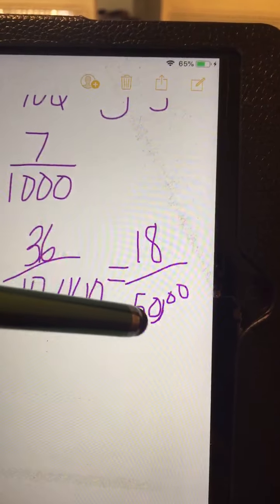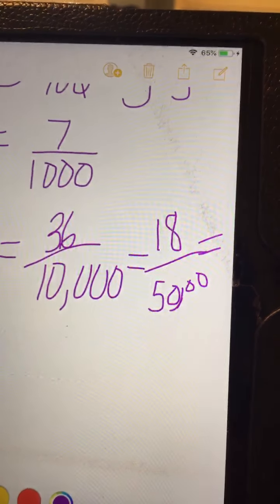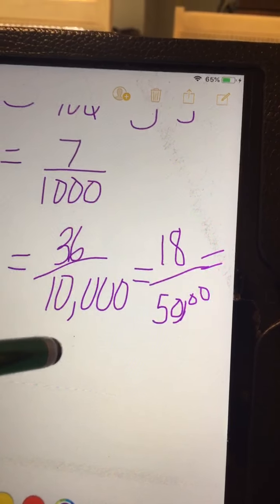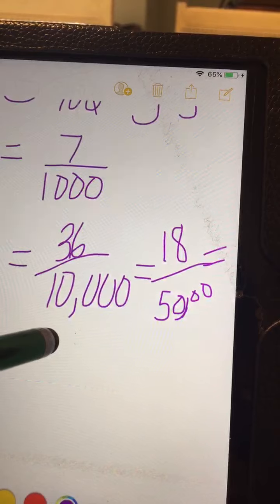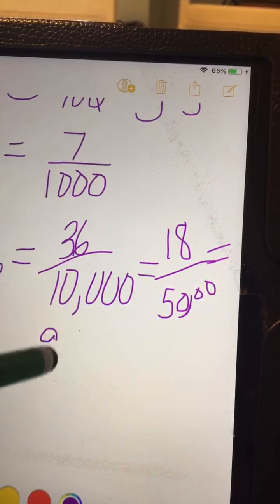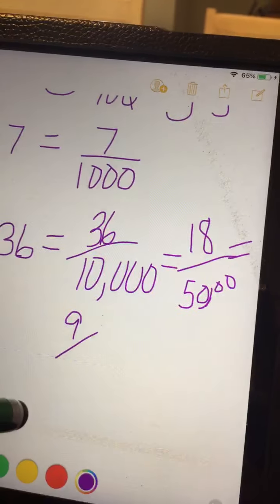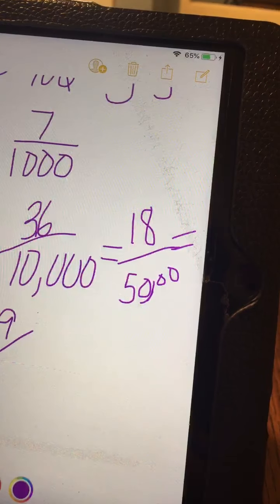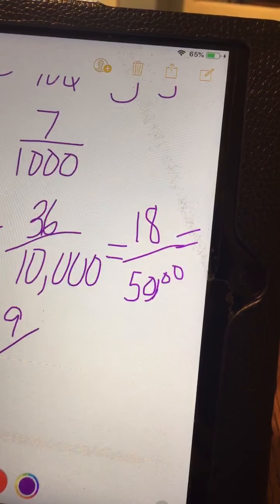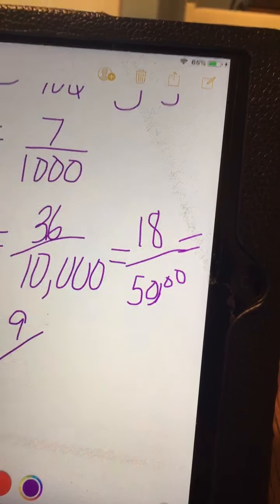It looks like I can reduce it again. So 18 divided by 2 is 9, and 5,000 divided by 2.